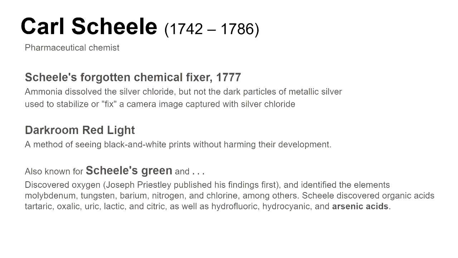So this is another guy that we've seen before, Scheele, this chemist who is remarkably known for what he discovered, but no one figured out until years after how it could have been used, which was this idea of a fixer. If you've ever done analog photography, after you affect the paper with light and you put it into a fixer, it's going to hold the color or the light from moving.